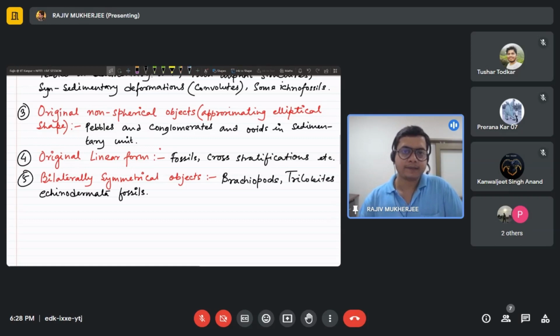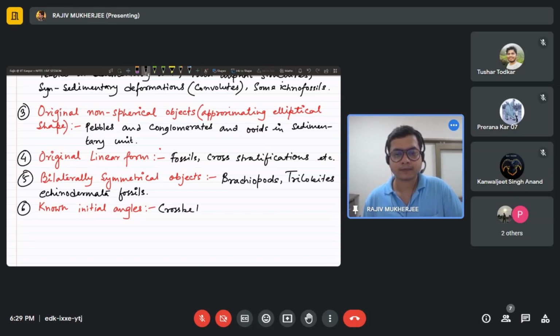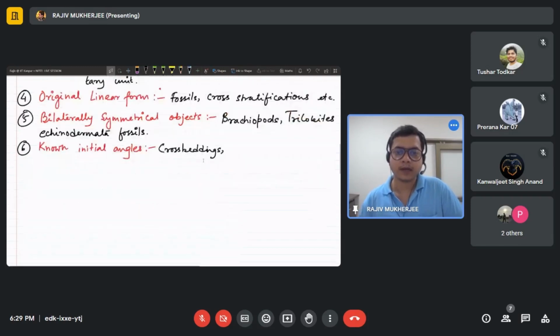And finally, number 6 is known initial angles. In that case, we generally consider cross beddings and mud cracks.